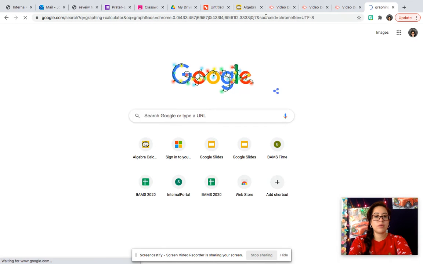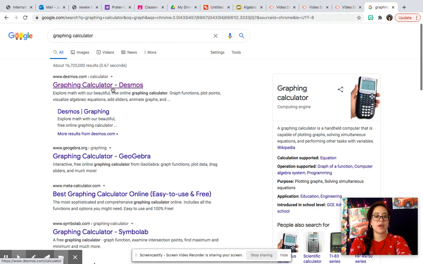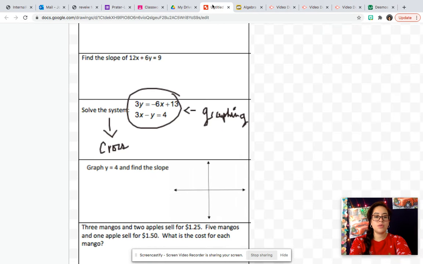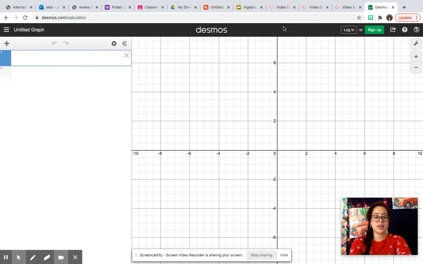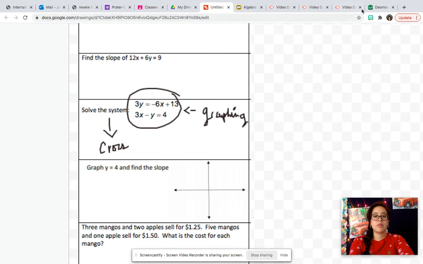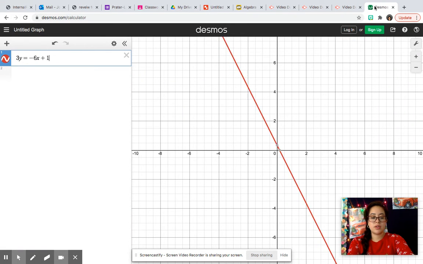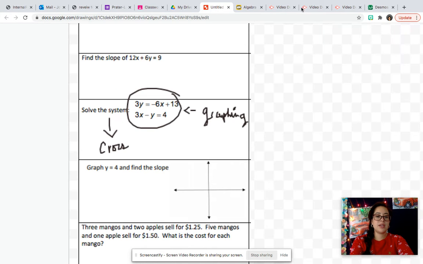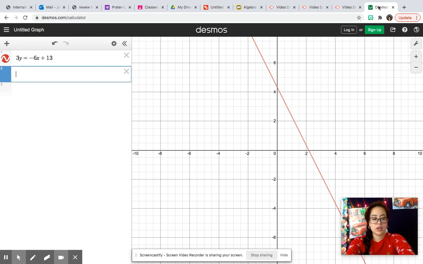So I'm going to go into my Desmos graphing calculator, and I'm going to place the two equations that were given to me: 3y equals negative 6x plus 13. My second equation is 3x minus y equals 4. And I get this crossing point.